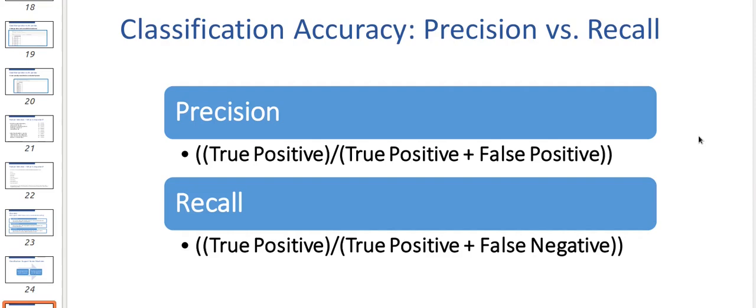We would rather a spam email came into our inbox than have an important email go into the spam folder. So taking the example of the doctor versus the spam email, we see that false positives and false negatives have differing levels of desirability depending on the situation we're looking at.